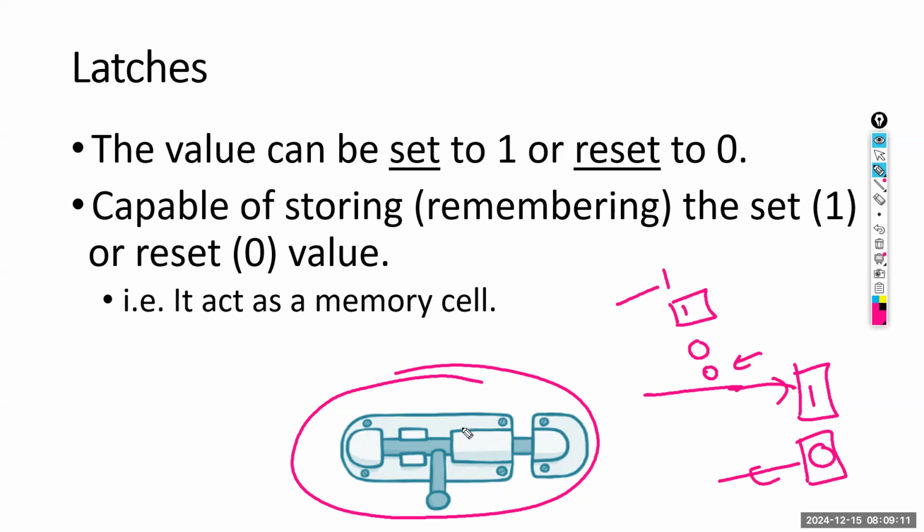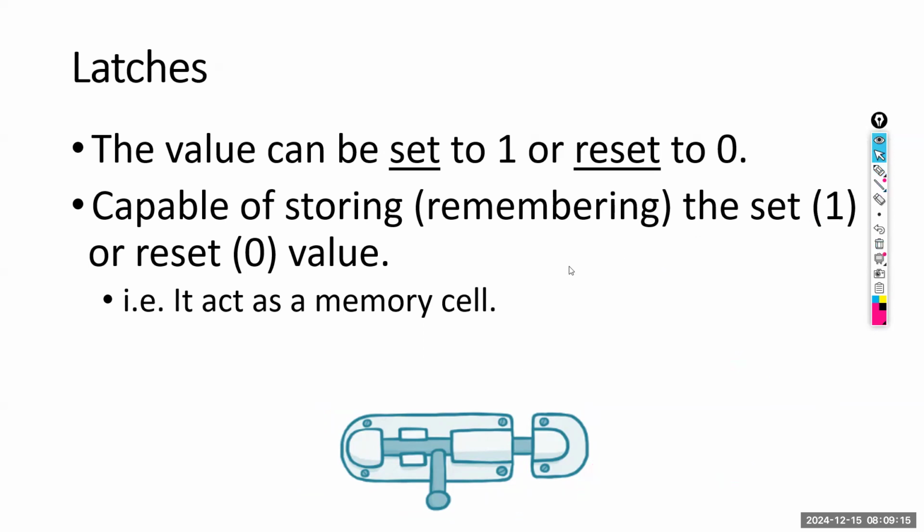So that is the purpose of latches. At any time, if you have any question, even the slightest doubt, you need to ask. This is the hardest topic in your computer system subject. Okay, the hardest topic to understand. This is the topic where you get the hardest questions.